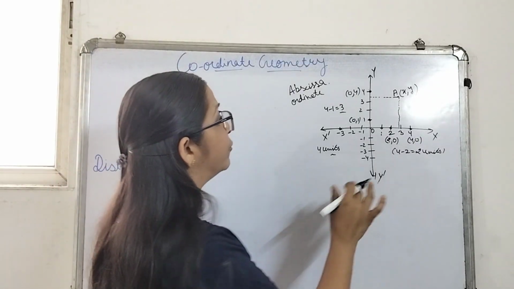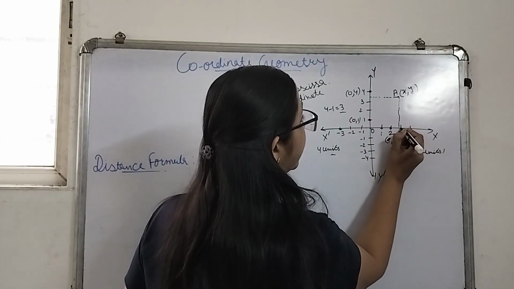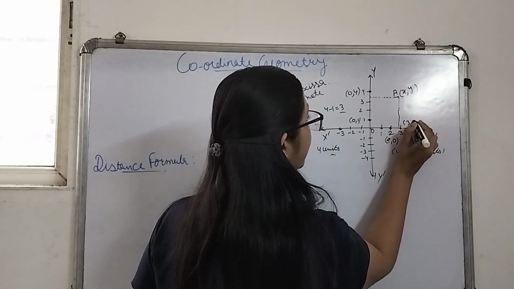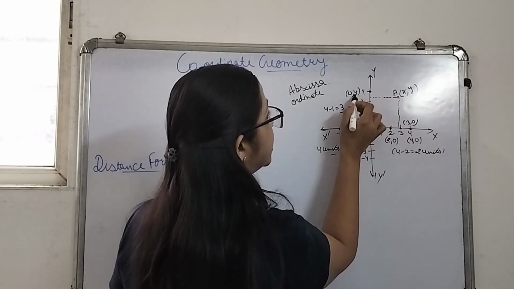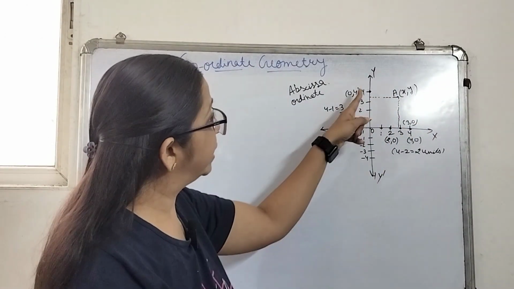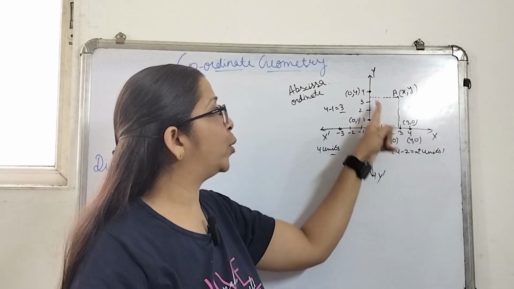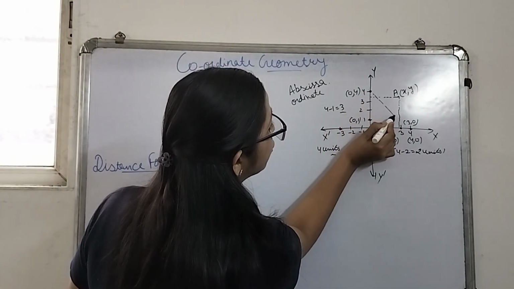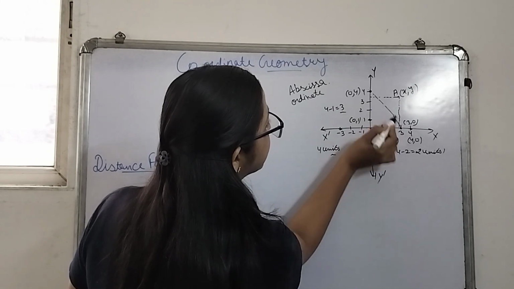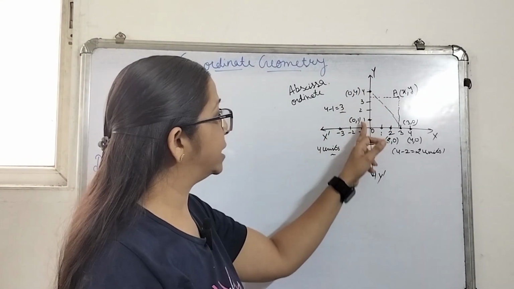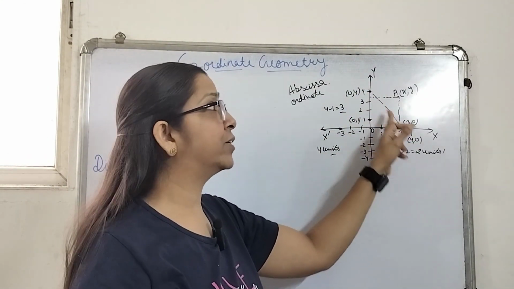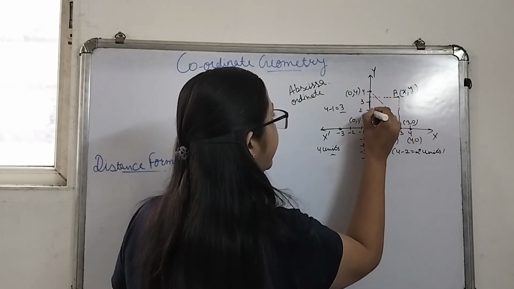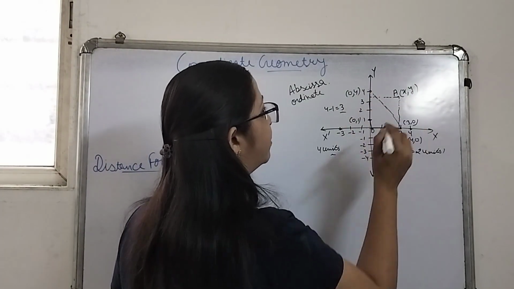Suppose one point is 3, 0, and the other point is 0, 4, and we have to find the distance between these 2 points. This will be the distance, and we can see it is forming a right angle triangle, where this is the base, this is the perpendicular, and this is the hypotenuse.